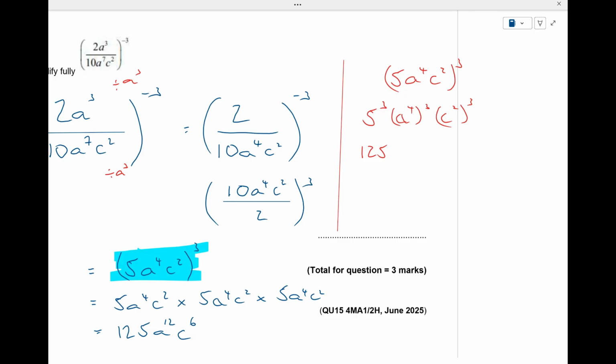Now just use the rules of indices. A to the 4 raised to the power 3, you multiply those indices. And c squared raised to the power 3, you multiply those indices, c to the 6. But either way, you should have the answer 125 a to the power of 12, c to the power of 6.